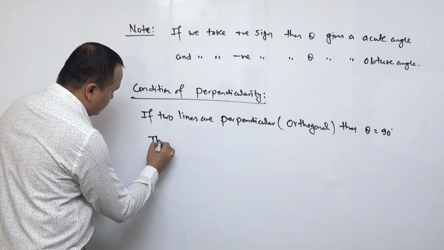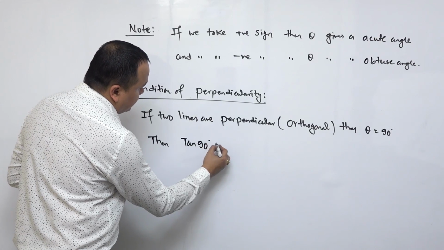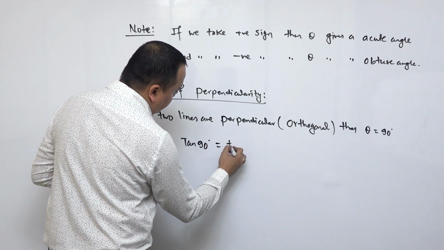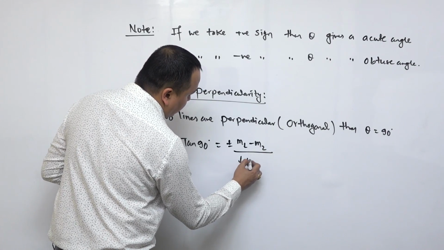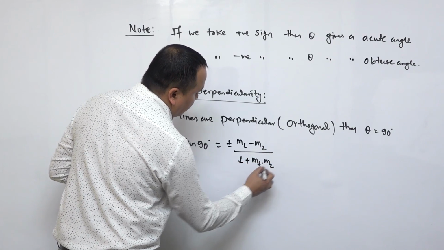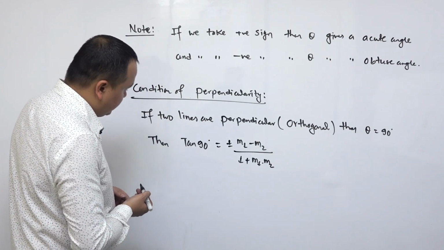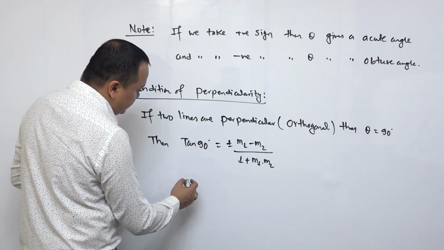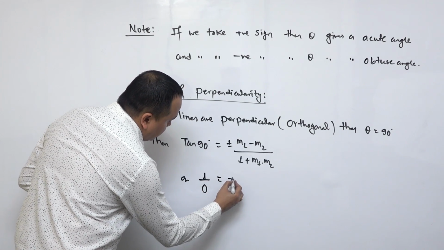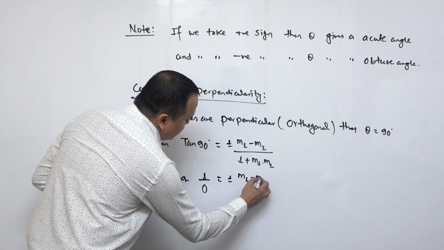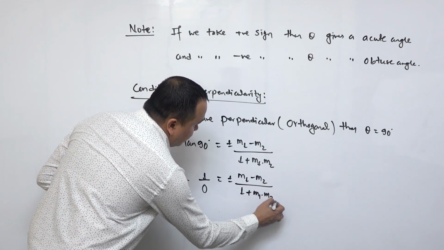Then tan 90 is equal to plus minus m1 minus m2 upon 1 plus m1 into m2. The value of tan 90 is infinity, which is 1 upon 0, equal to plus minus m1 minus m2 upon 1 plus m1 into m2.